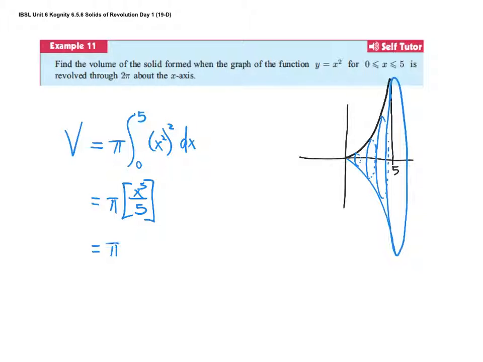If we're evaluating that from 0 to 5, when I plug in 5, I end up with 625, because 5 to the 5th over 5 is 5 to the 4th, and that's 25 squared, which is 625, minus 0. So this whole thing is 625 pi cubic units.